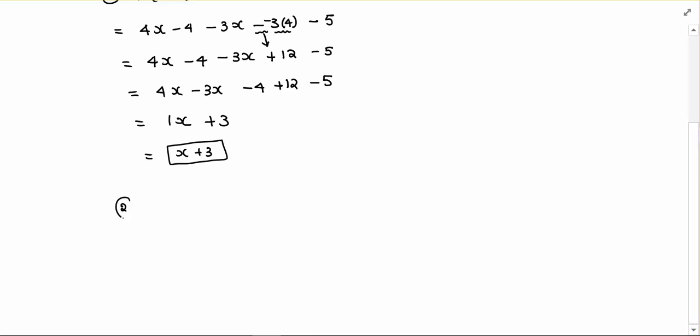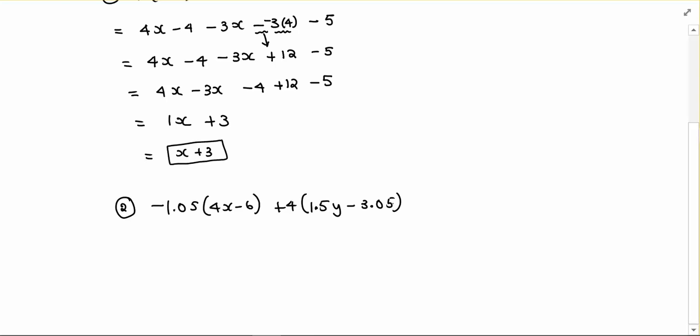So remember, these are all simplify problems, not solve problems. So let's do minus 1.05 times 4x minus 6 plus 4 times 1.5y minus 3.05.